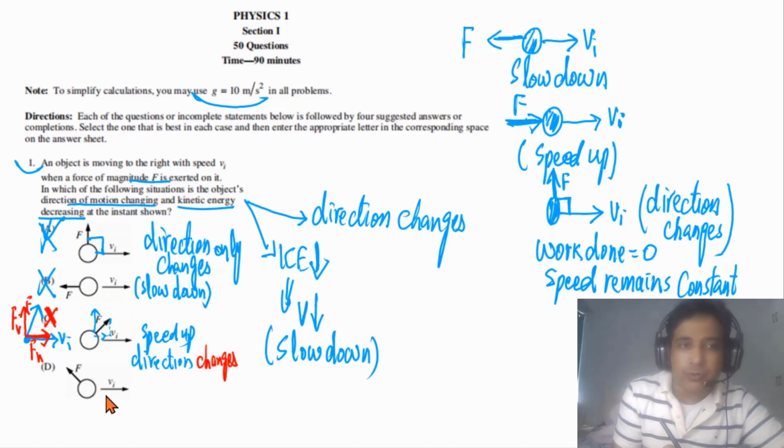Now if we go to option D, in this case force is acting this way. So the best way to answer this question is first of all to resolve this force into components. So this is one component and this is another component of force. Due to this component this object will slow down because this is in the opposite direction of motion.